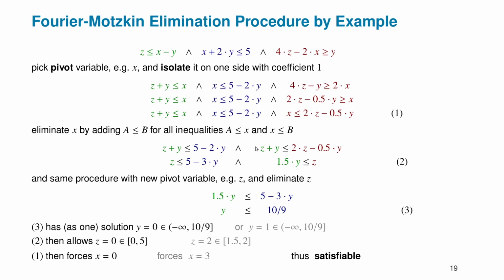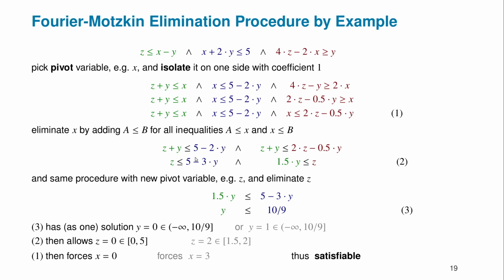And this we do here. So we get z plus y is smaller or equal to 5 minus 2 times y. z plus y is smaller or equal to this expression here, and then we are already done because we have these two new inequalities.